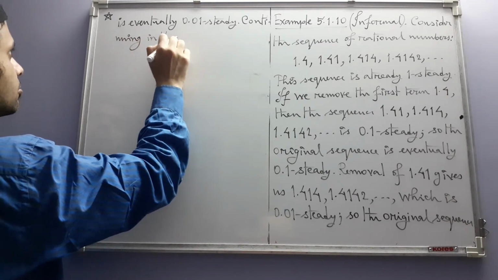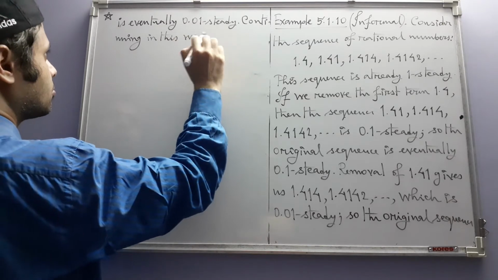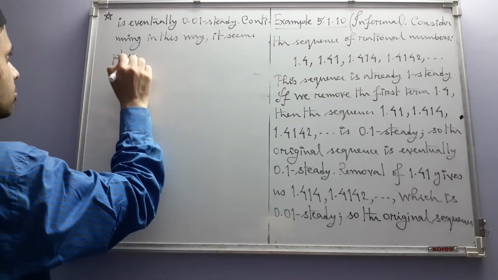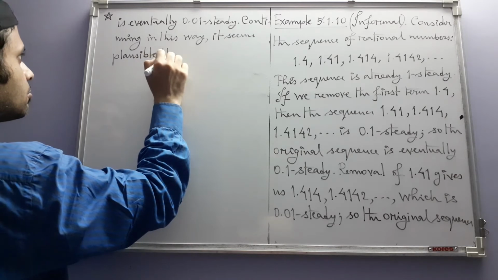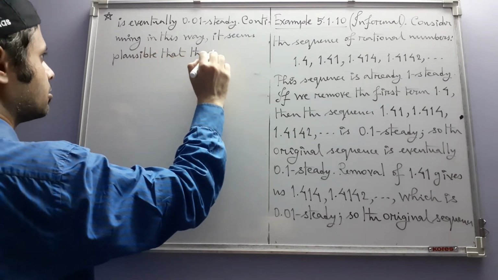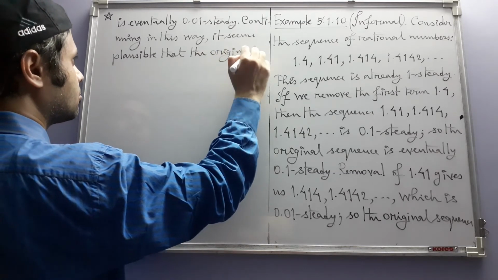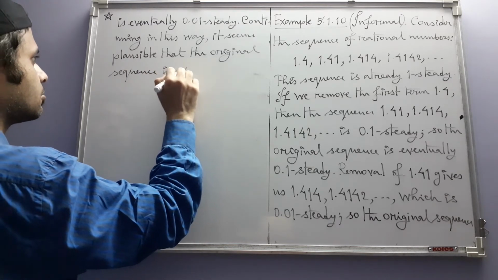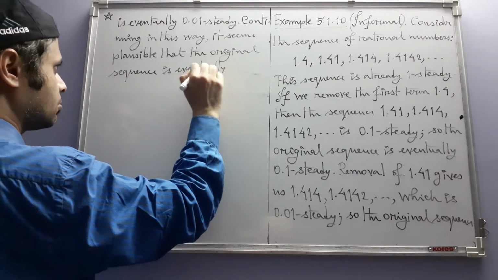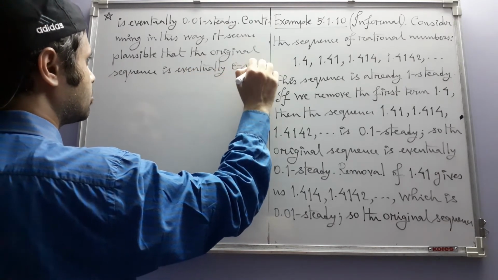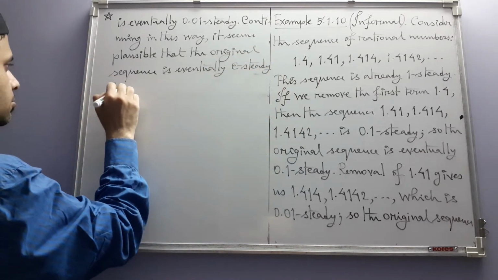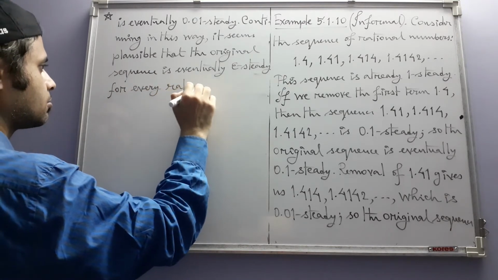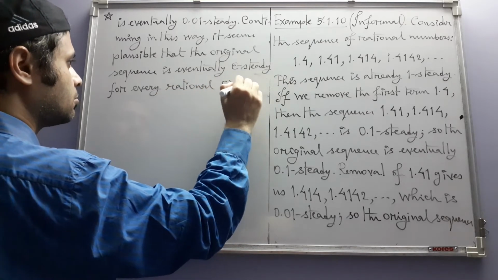Continuing in this way, it seems plausible that the original sequence is eventually epsilon steady for every rational epsilon that is positive.